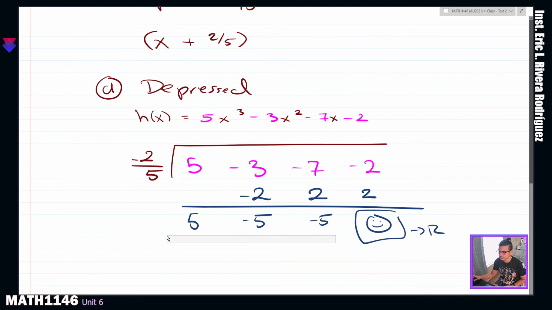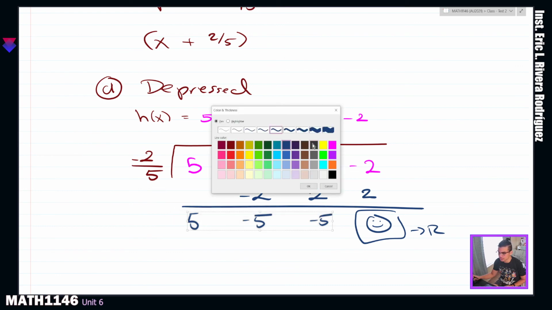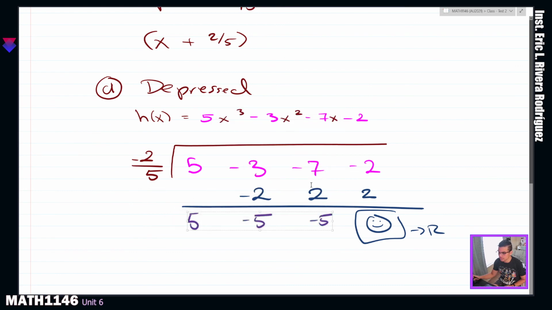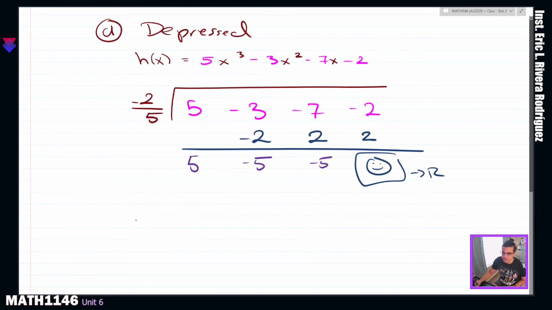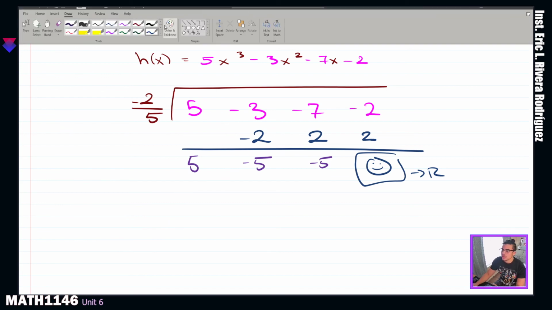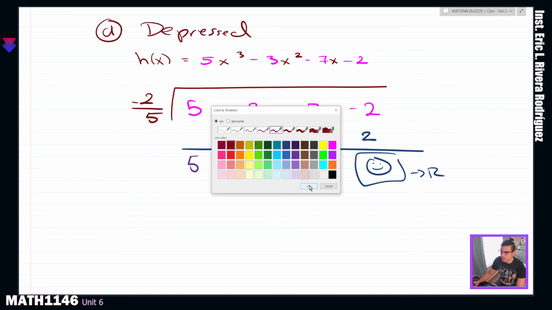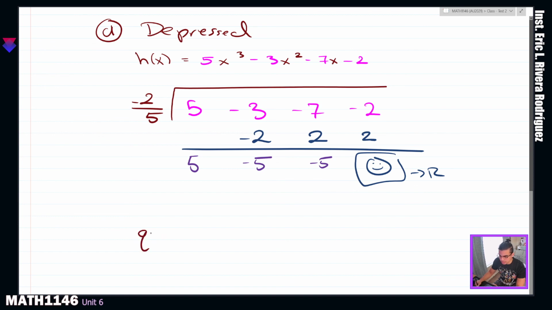Now, what are we going to do with this 5? We are going to get the depressed equation. So what is our depressed equation? You are going to take these numbers directly in the same order.